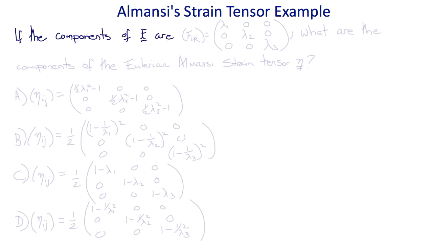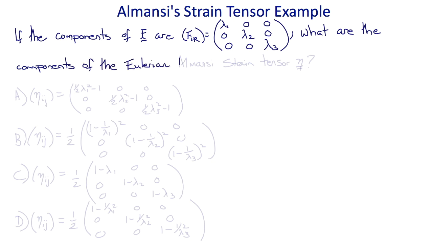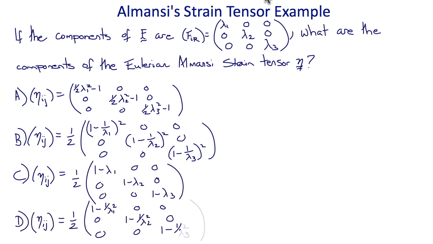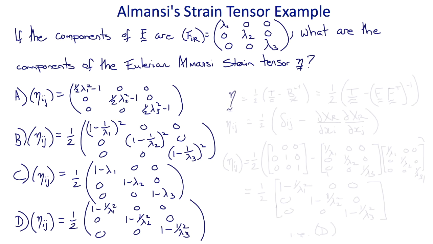If the components of F are lambda 1, lambda 2, and lambda 3 on the diagonal, what are the components of the Eulerian Almansi strain tensor eta? So here are your 4 choices this time: A, B, C, and D. See if you can work that one out.